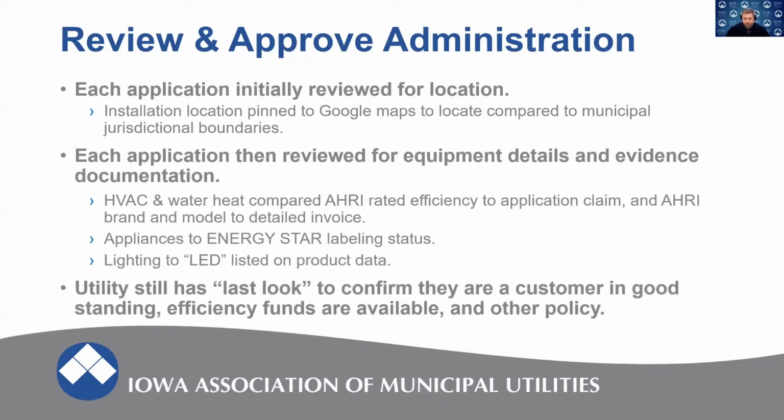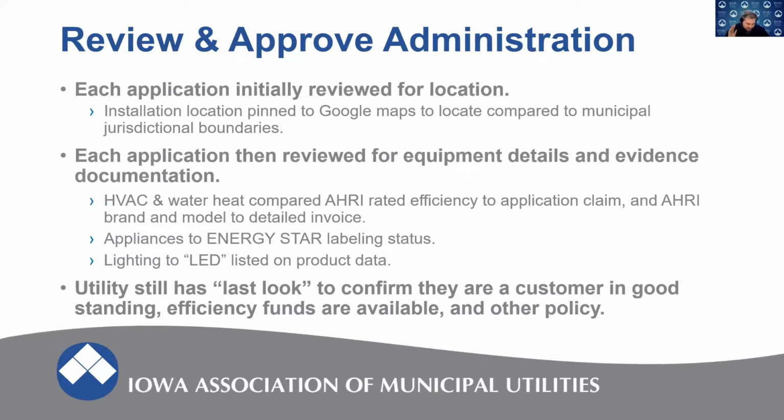So some of the review and approval process. We review each application to make sure they're within your city limits. Each application that's reviewed, we ensure that it is energy efficient and it does fall within the requirements that you have. So for example, like an air conditioner, the qualified products list there is the AHRI QPL.